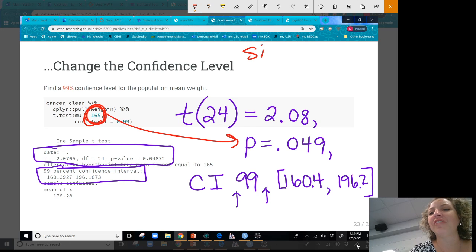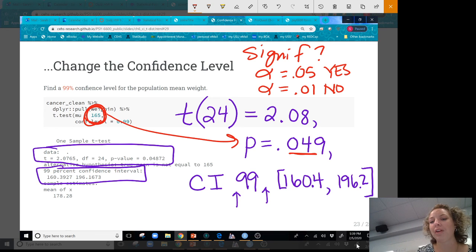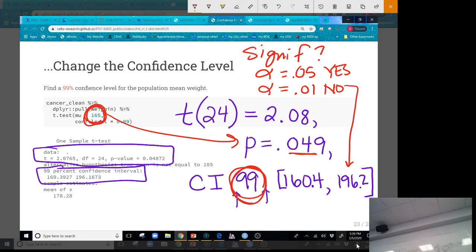Are the results significant at the alpha equals 0.05 level? Yes, because our p-value is less than 0.05. What about the significance level of 0.01? No, because our p-value is not smaller than 0.01. This confidence interval partners which of these results? 0.01. So our p-value is barely less than 0.05, but it's not less than 0.01.